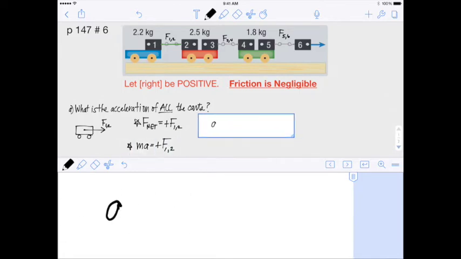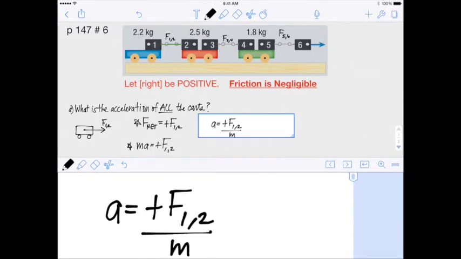We know that acceleration is equal to plus the force as read on sensors 1 and 2 divided by the mass. Including variables, the question tells us that the force that's read on sensor 2, which is equivalent to the force that's read on sensor 1, is 3.3 newtons. It's in the right direction, so it's positive.